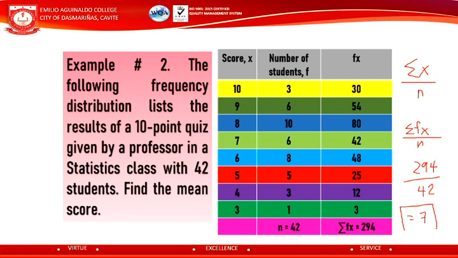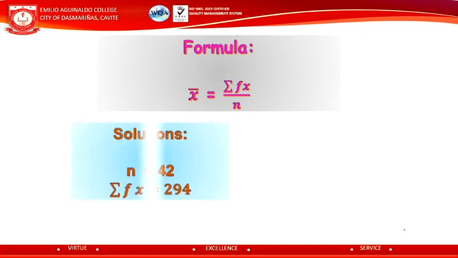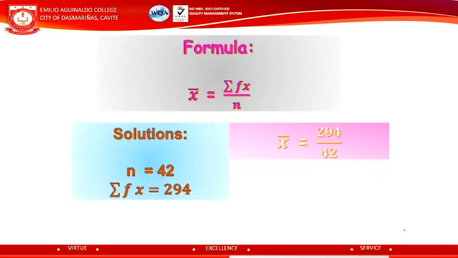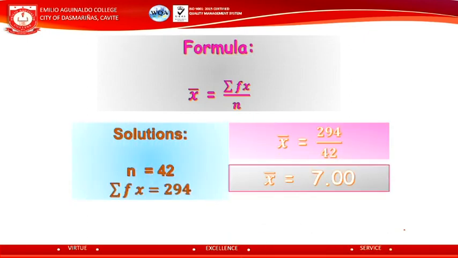Okay, so the mean score of this frequency distribution is equivalent to 7. This will be the formula like what I've said earlier. We're just going to divide the summation of fx by the total number of observations, which is 42, and we will obtain an average or a mean, which is equivalent to 7.